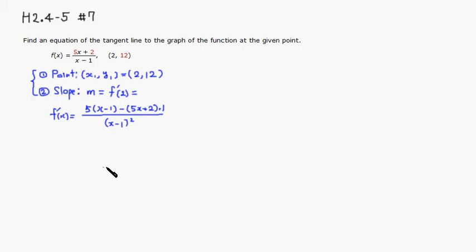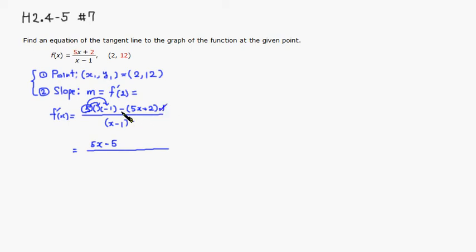Then simplify a little bit. We can distribute 5 to x, which gives us 5x, and distribute 5 to negative 1, so it's negative 5. 1 multiplied by 1 doesn't do anything, so ignore that.